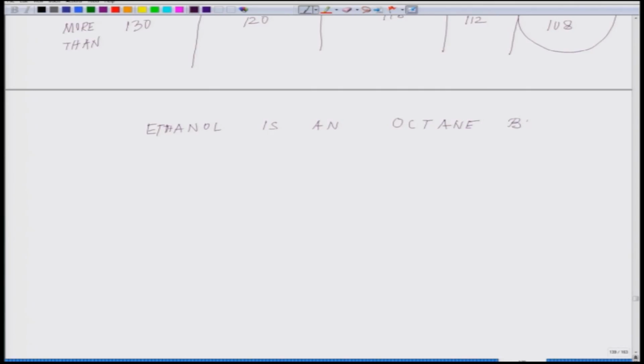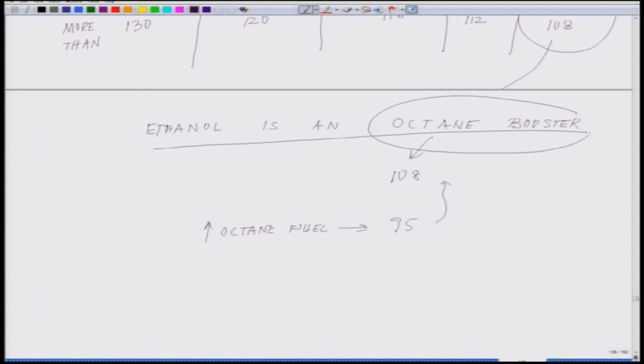I think it is clear to you why it is called an octane booster, because it has a higher octane number, around 108, and you mix it with something which is 95, a high octane fuel. You can mix a certain percent, 10%, whatever percent you pick. Based on that, you can really raise the octane value of it.